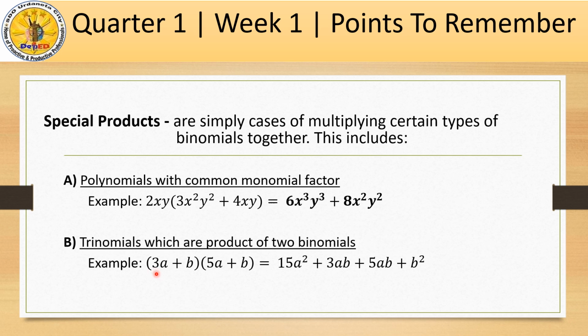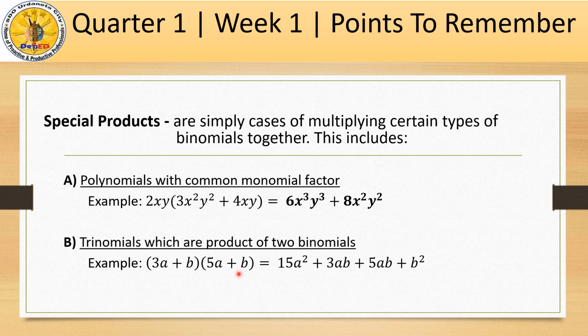FOIL means F is the first term, O is the outer, I is the inner, and L is the last term. So, ibig sabihin, you are going to multiply the first terms first. 3a multiplied by 5a. So, it will become 15a squared.